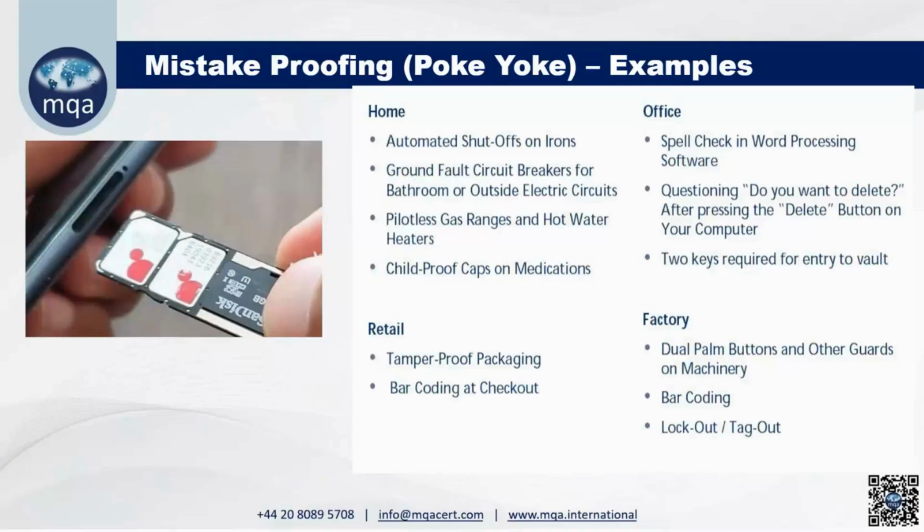Now, a simple example of mistake proofing is in our Excel and Word. We have spell check. When we turn on the function, it will auto correct or ask for correction of the spelling mistakes. Another example is whenever we delete any file.